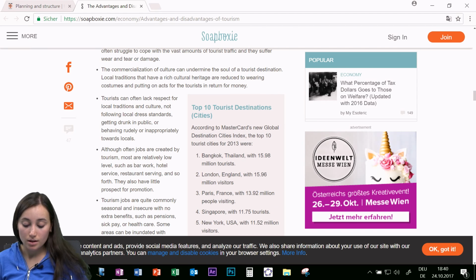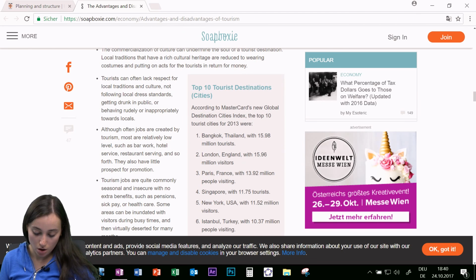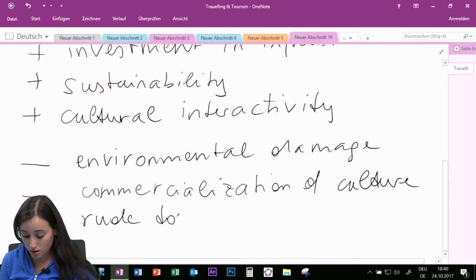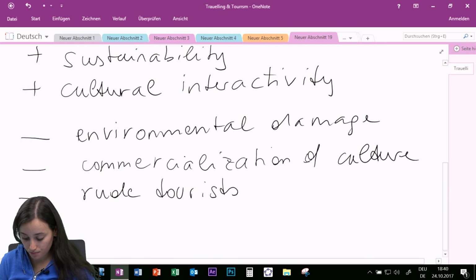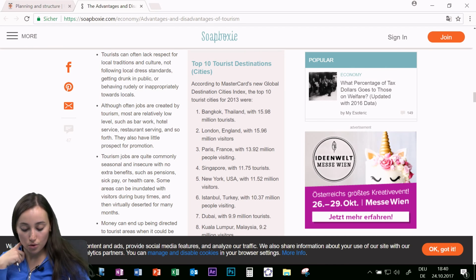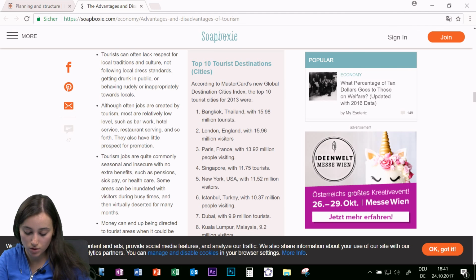Tourists can often lack respect for local traditions and culture, not following local dress standards, getting drunk in public, or behaving rudely or inappropriately towards locals. So, I'm just going to write down rude tourists. Then, although often jobs are created by tourism, most are relatively low level, such as bar work, hotel service, restaurant serving, and so forth.